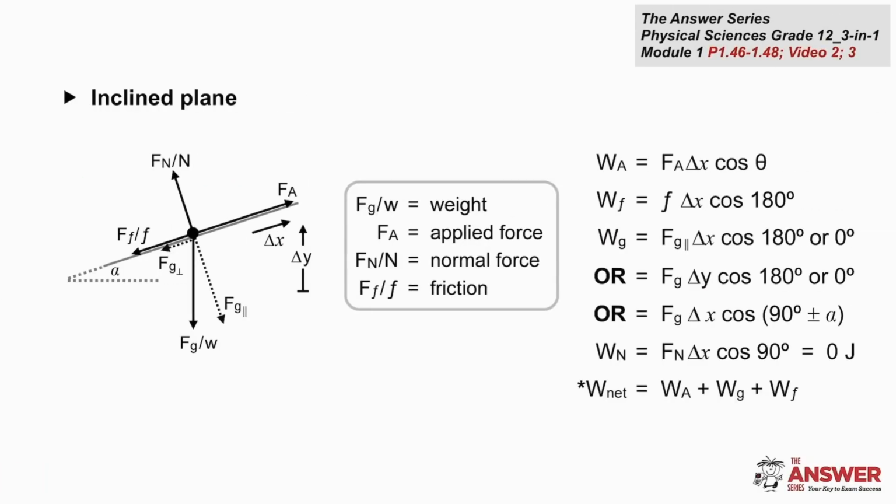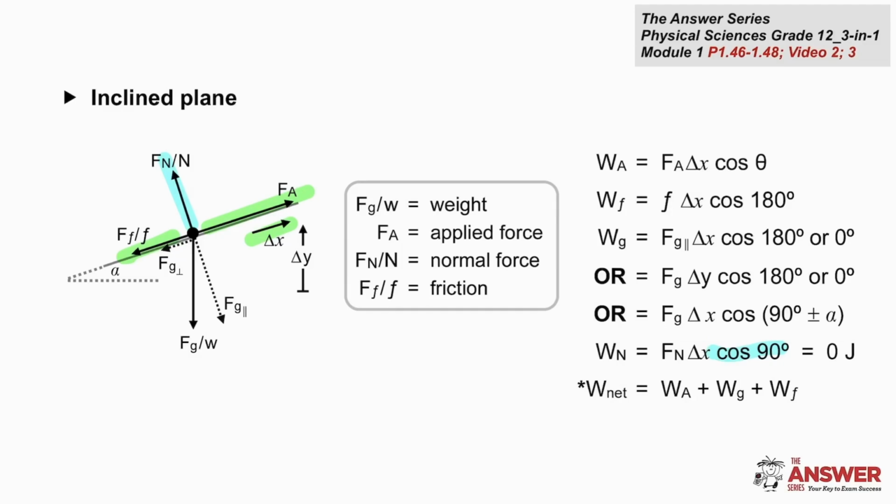When an object moves up or down an inclined plane, both friction and the applied force, if present, do work on the object. The normal force does no work, as it is at 90 degrees to the displacement. There are three ways to find work done by the gravitational force.